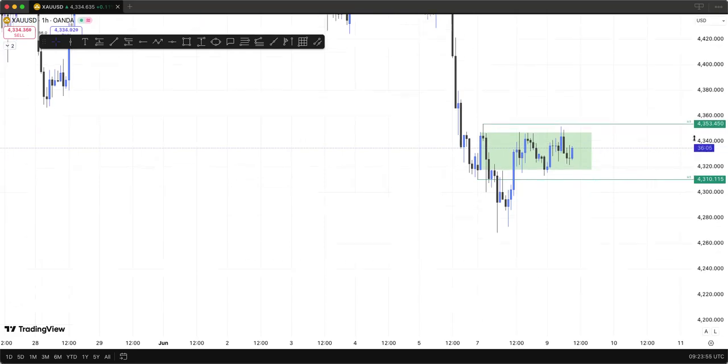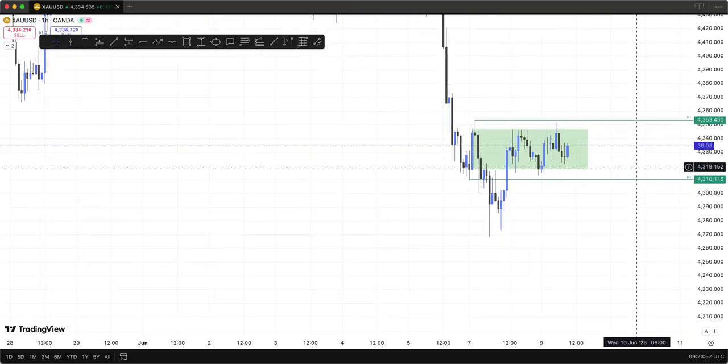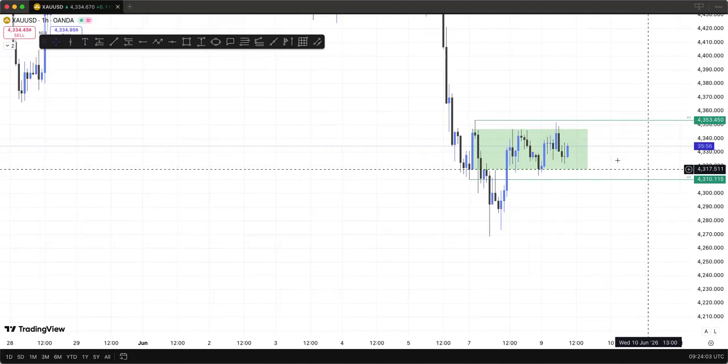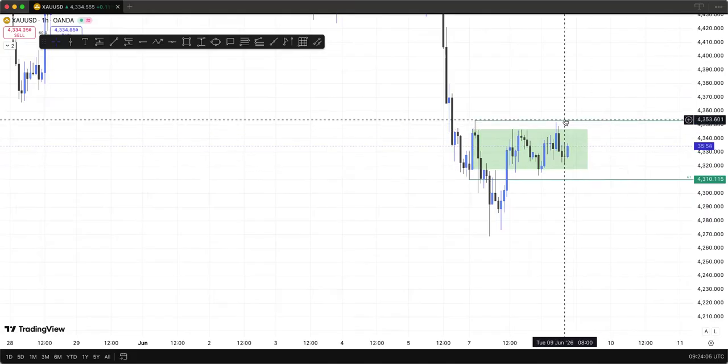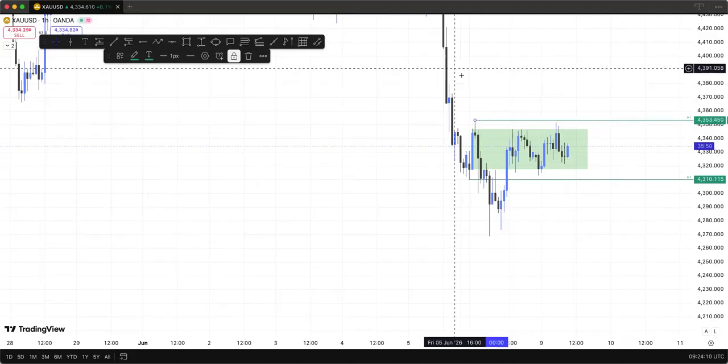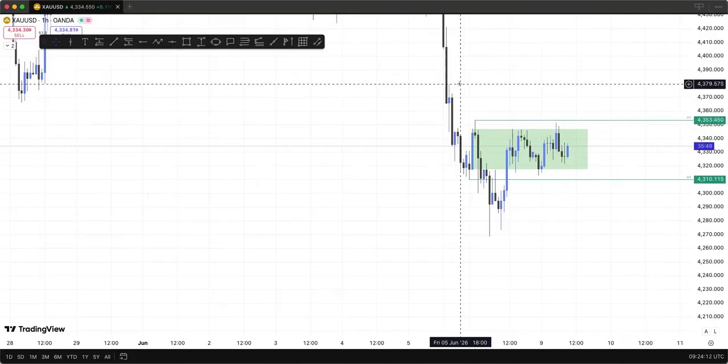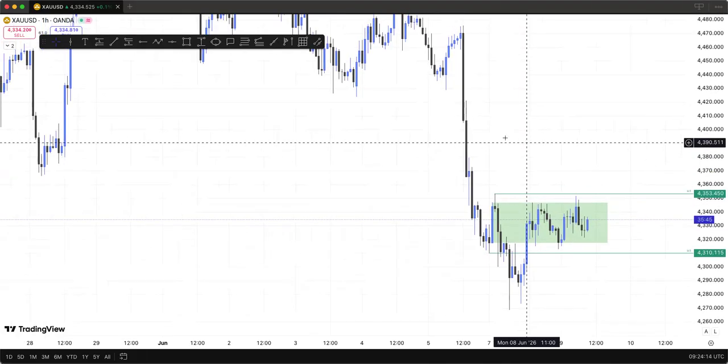So the bias for XAUUSD is still bearish unless this high has been invalidated and this supply has also been invalidated.